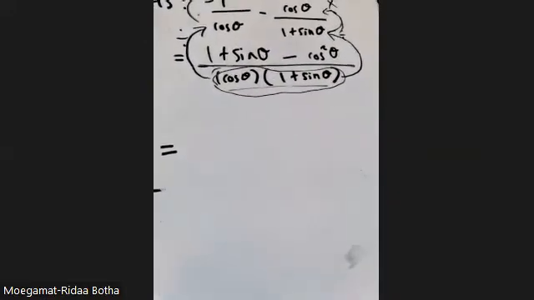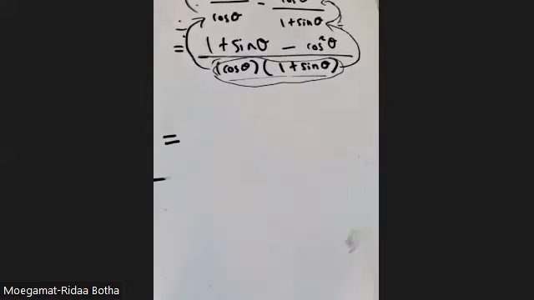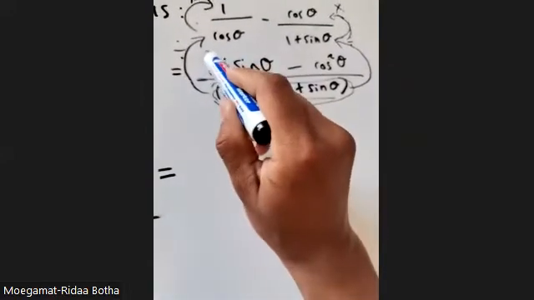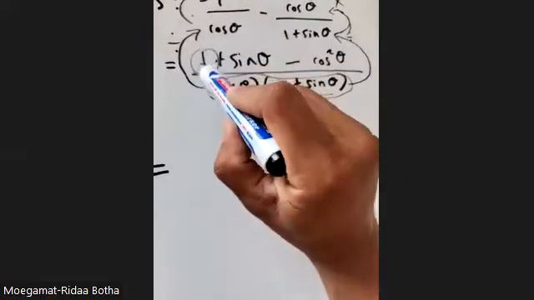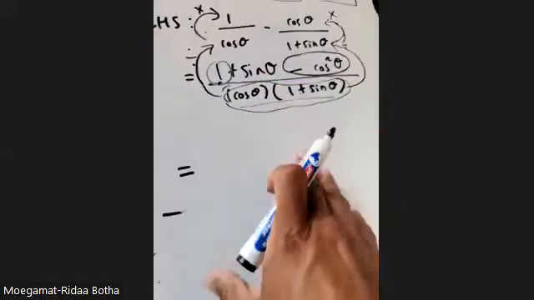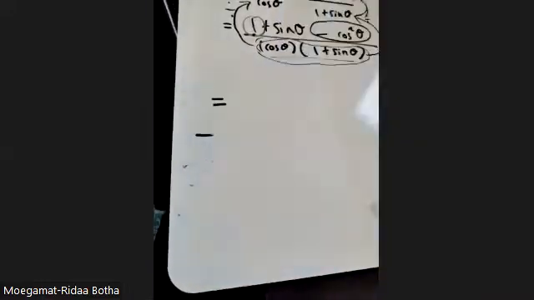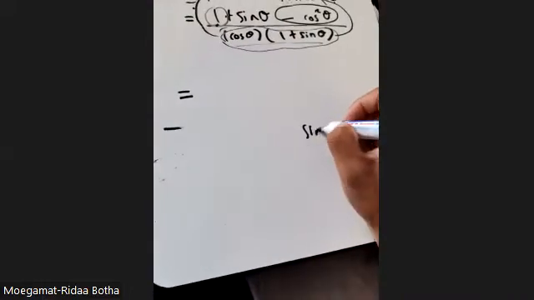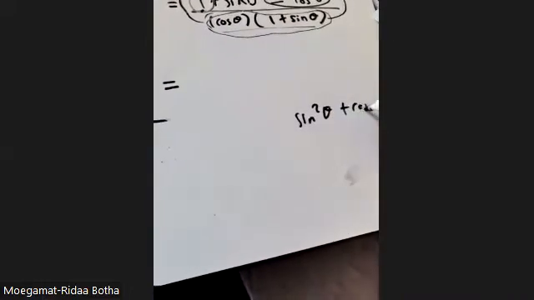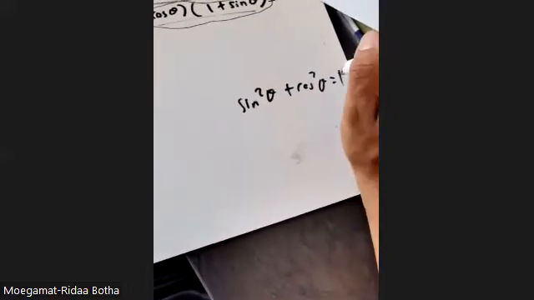So now I have to think of identities. Okay, so I'm thinking of, you see this one here, 1 minus cos squared theta. So if you look at your identities, you know sine squared theta plus cos squared theta equals 1, right?